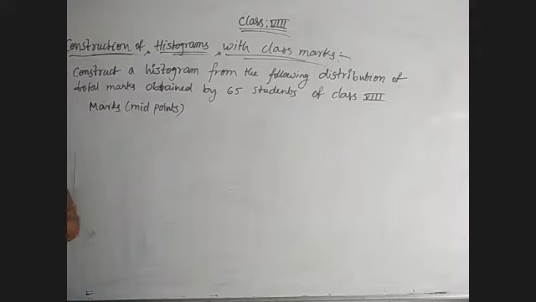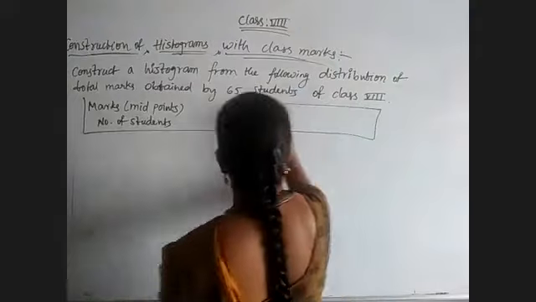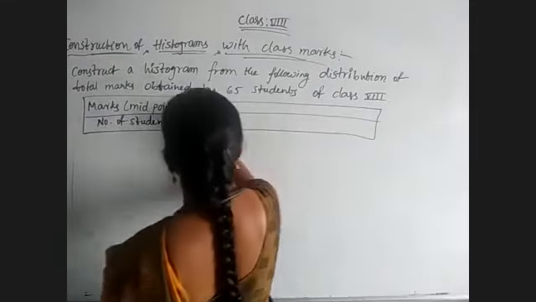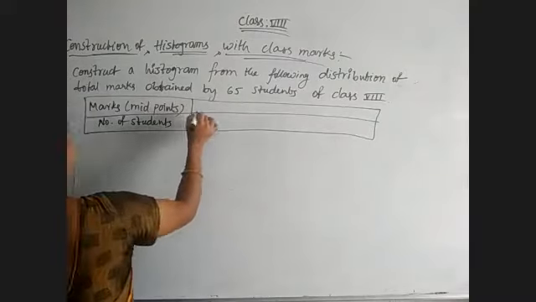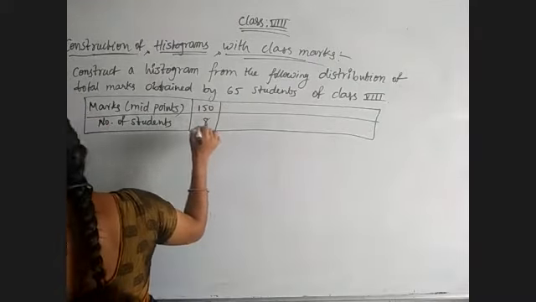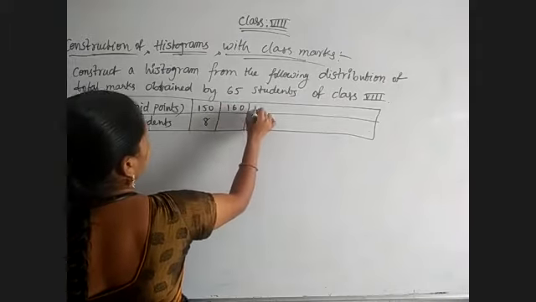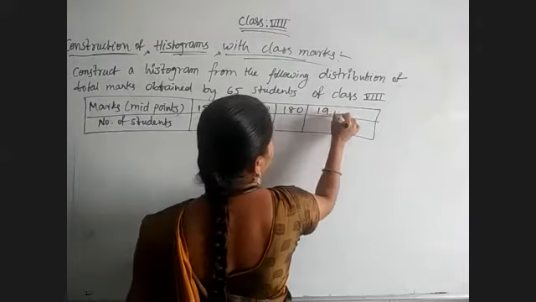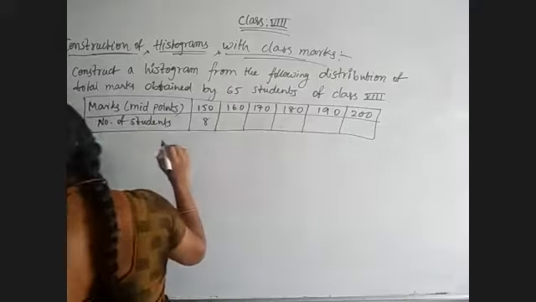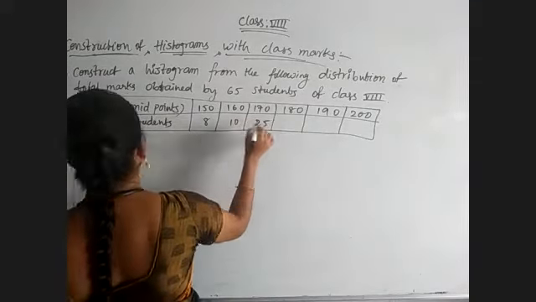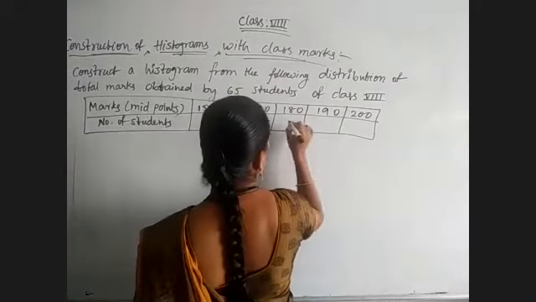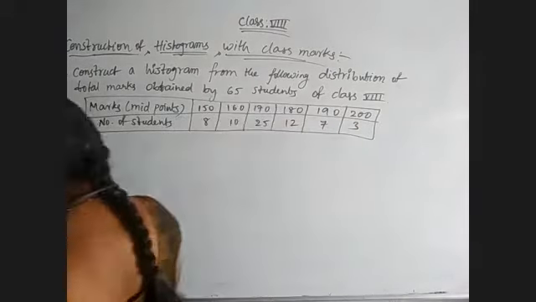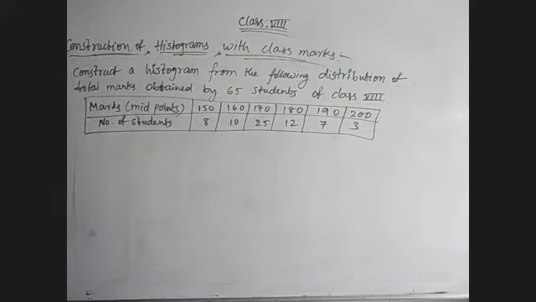Midpoints and number of students: 150, 160, 170, 180, 190, 200, and the number of students is 8, 10, 25, 12, 7 and 3. Okay, this is the given information.